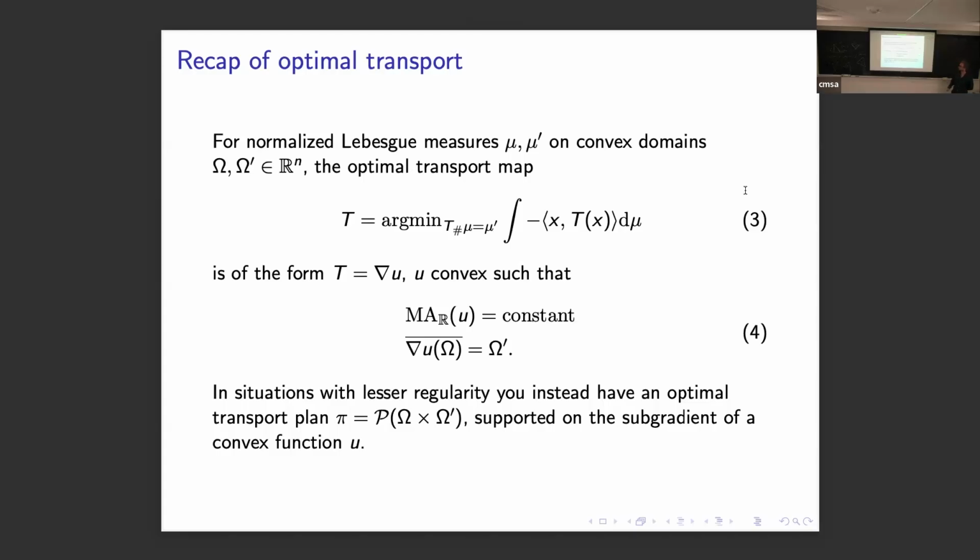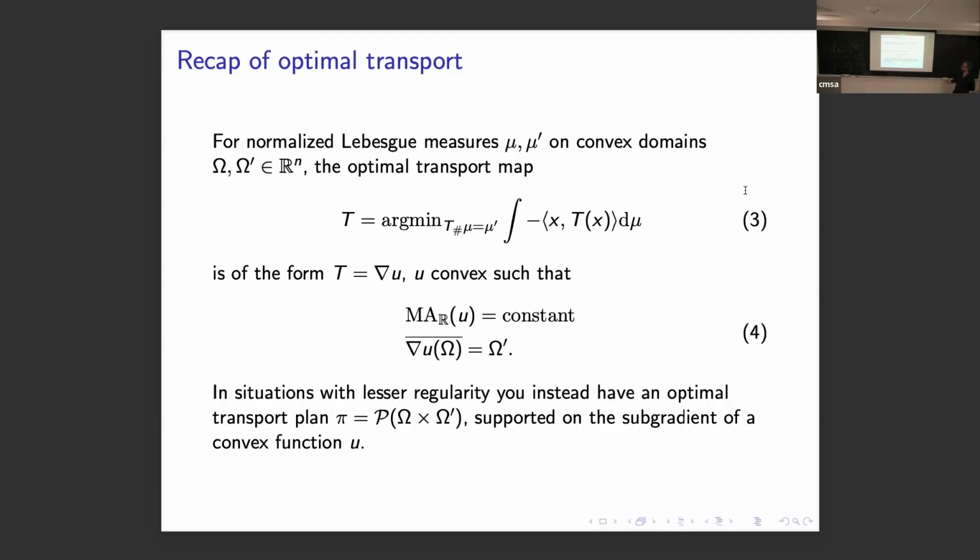It's not going to be so important, but Robert mentioned it briefly. I think it's a way for you to be able to split mass. So the optimal transport might not be defined as a map, but you're allowed to split mass. So you formulate this as a probability measure on the product, and the marginals should be U and U prime respectively.